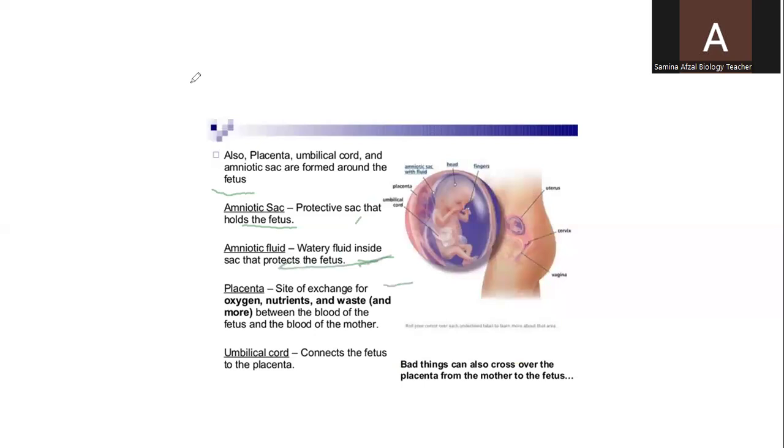The placenta is the site of exchange for oxygen, nutrients, and waste between the blood of the fetus and the blood of the mother. The umbilical cord connects the fetus to the placenta. These are the different parts formed when the egg is fertilized and the embryo is implanted into the womb or uterus.